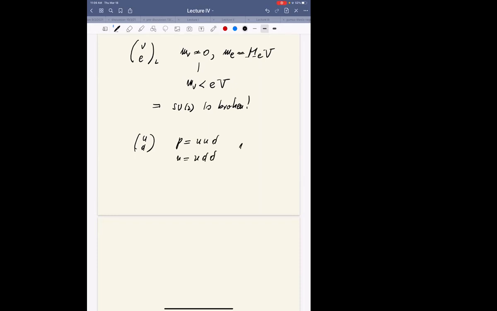There is this interesting thing that the mass of the proton is equal to the mass of the neutron. It's almost the same. Very interesting thing that made Heisenberg and Majorana suggest that there is what we call an isospin symmetry of strong interactions, in which proton and neutron would form a doublet. But it also tells you that m up is roughly equal to m down.